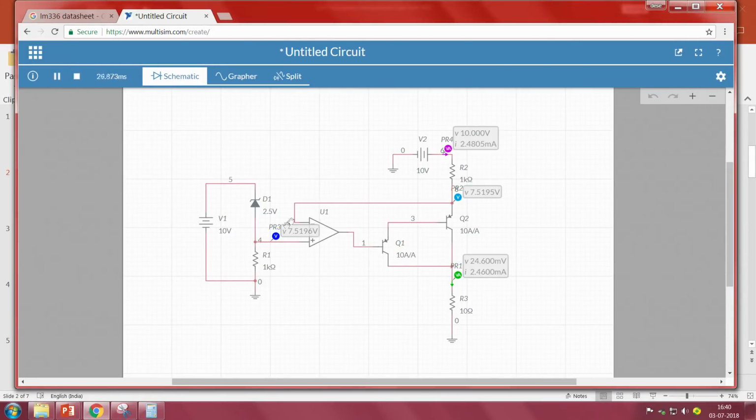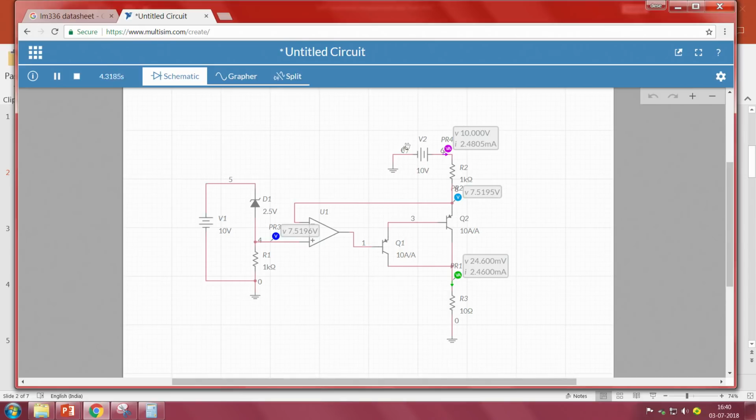We have constructed it based upon the circuit we have seen. Here we can see that 10 is the input, and the drop across D1 is 2.5. So, the drop across R1 will be 7.5, we can see 7.5196 volts. Since it is at the positive terminal, the negative terminal will also be at the same value, 7.5195.